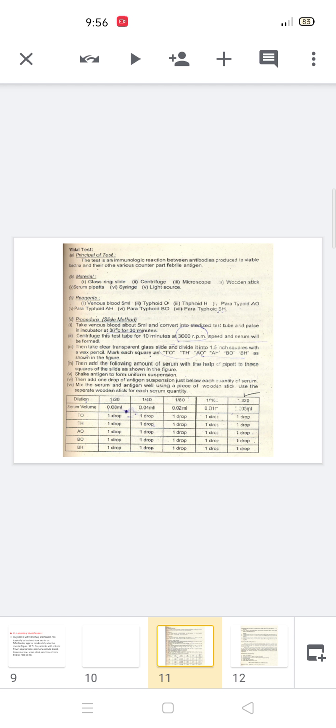Now the third type of test is called typhoid. Typhoid is the modern test where we take a strip, a chromogenic strip. When we dip the strip in the serum of the patient, we observe the change of color on the strip.